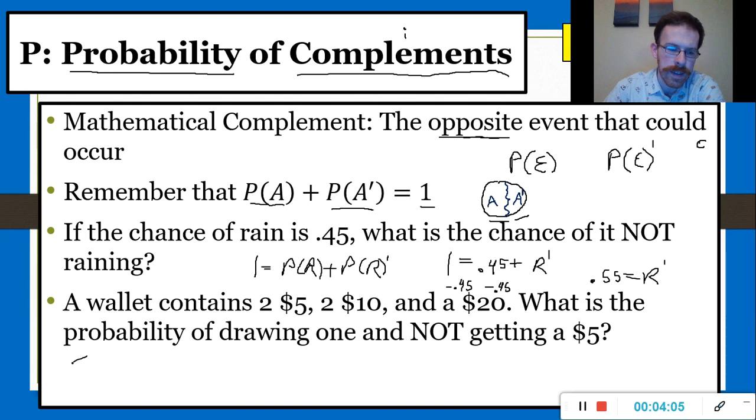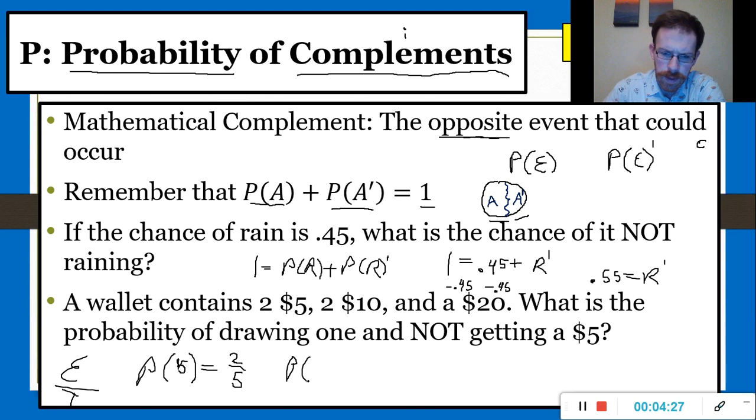Now, if we know all probabilities have to be E over T, we want to find the probability that we're going to get a 5. Well, how many 5s are there? There's 2 5s. How many bills are there in total? Well, there's 5 bills. Well, that's pretty easy.